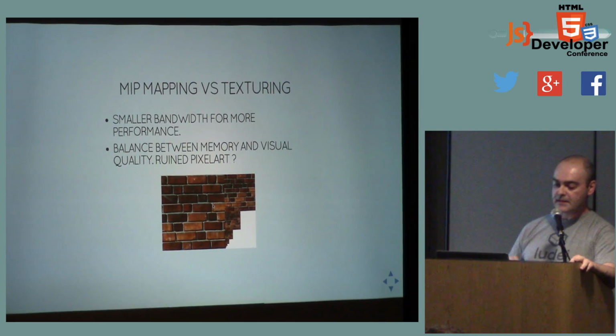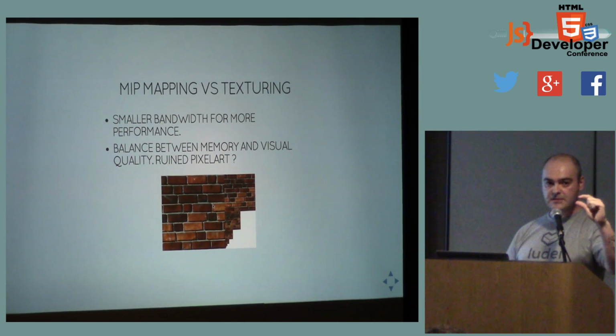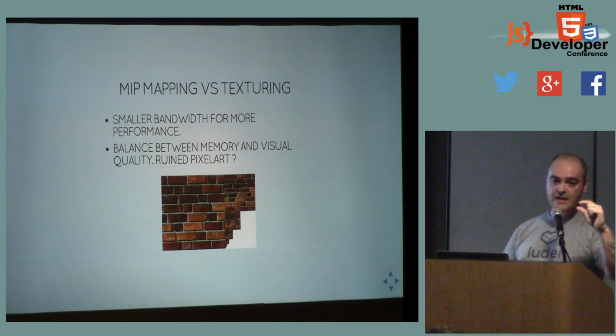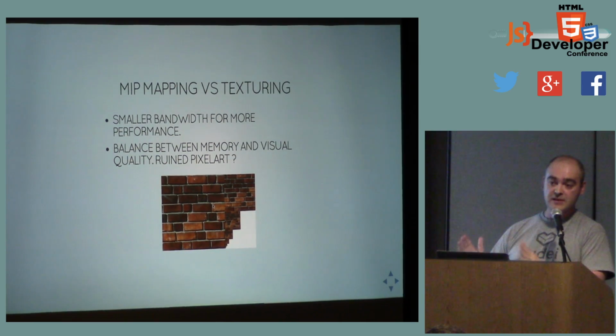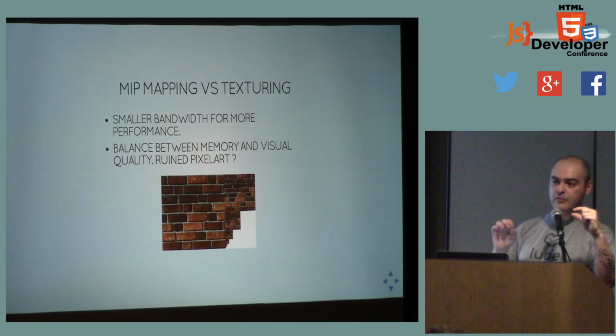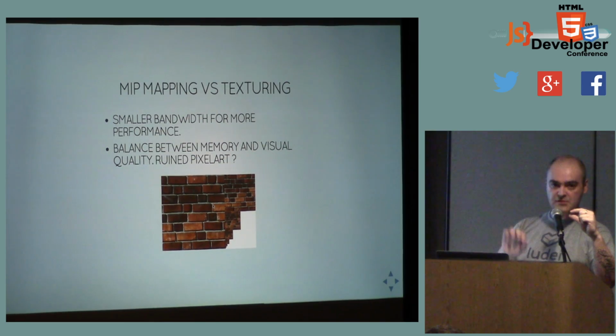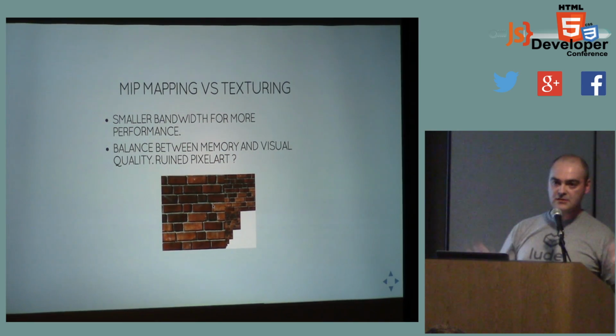In the previous example we had the 32 by 32 pixel sprites. What happens if we want to draw a 2000 by 2000 pixel image in a 32 by 32 area? The GPU has to go through all the 2000 by 2000 pixels, sampling and picking the content to put in there. That is a lot of wasted bandwidth.